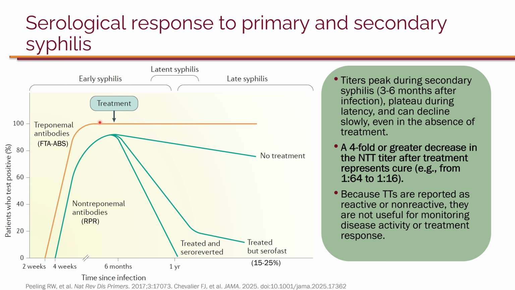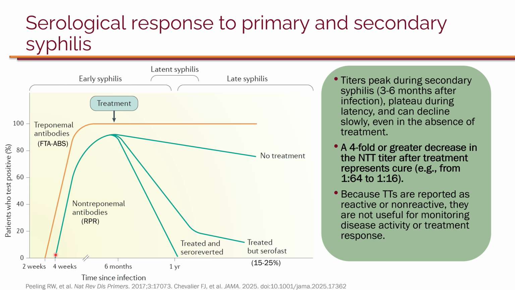So while it is useful for initial diagnosis, if someone gets reinfected, this is not as useful because the first infection will result in lifelong antibodies in most individuals despite successful treatment.